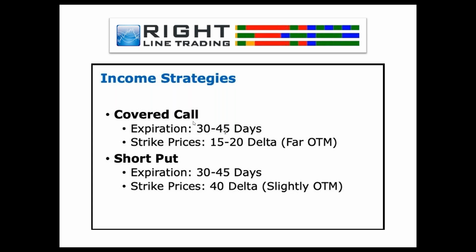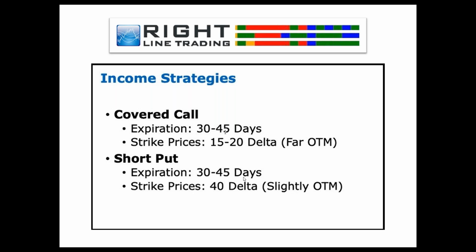Now, the best way to trade covered calls, I didn't really write this out, is, well, actually, that's the best way to do it. Now, you can sell a short put, and you can do it in a cash secured way. In this particular case, you don't own anything, you just want to sell a put.